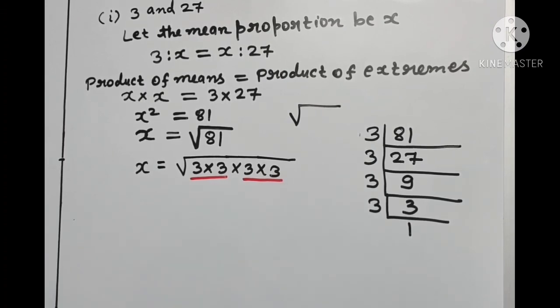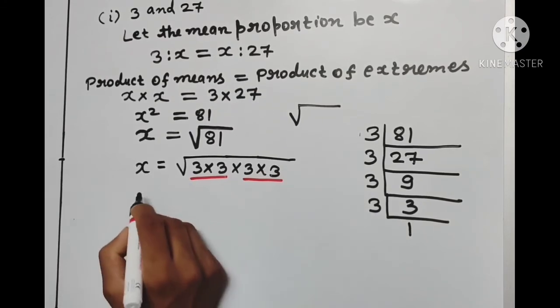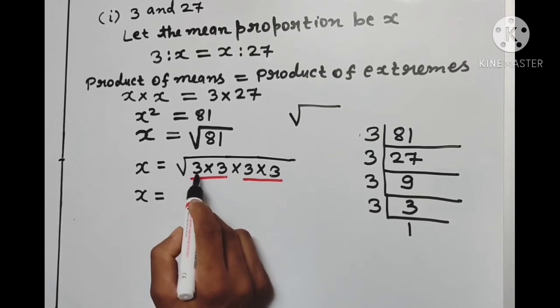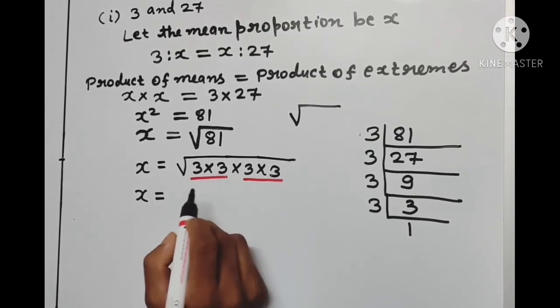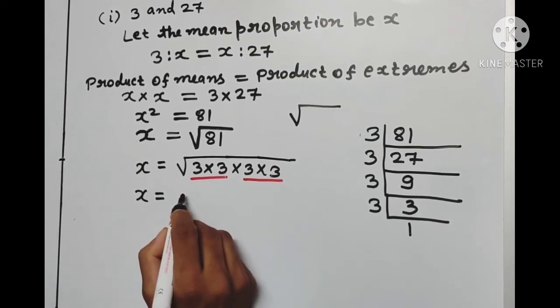Now after that, what I am going to do, here you have to understand this very sincerely. Here I am going to write x equal to, for each pair I am going to write this prime factor only one time.